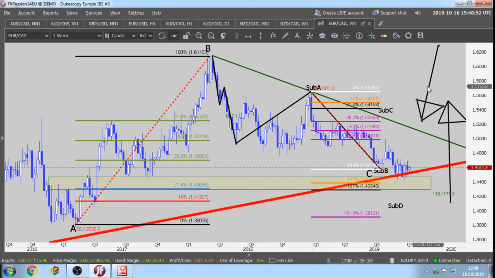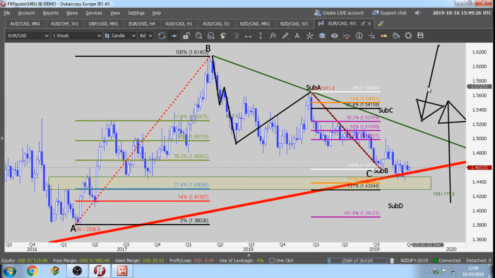Okay everybody. And it didn't break the trend. When you are saying everybody that the Fibonacci is stronger than the trend line, what Fibonacci and what trend line are you referring to? Didn't break the trend line?